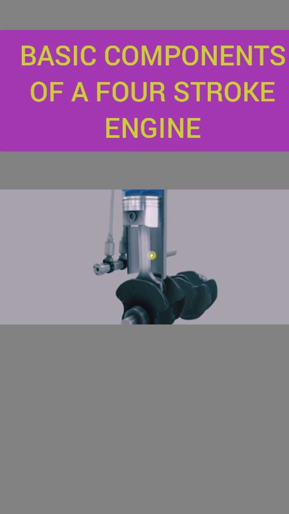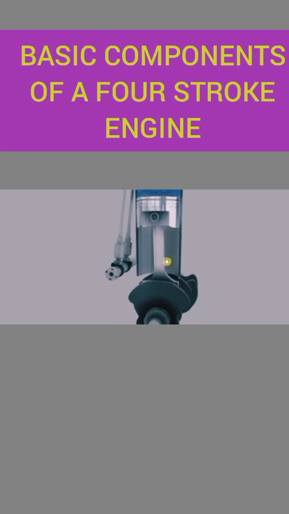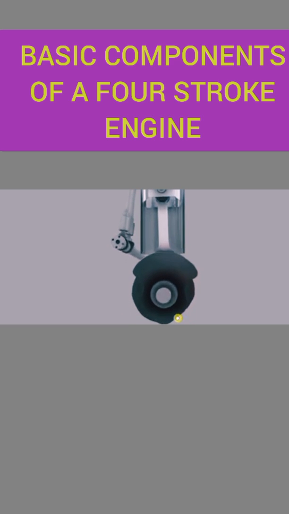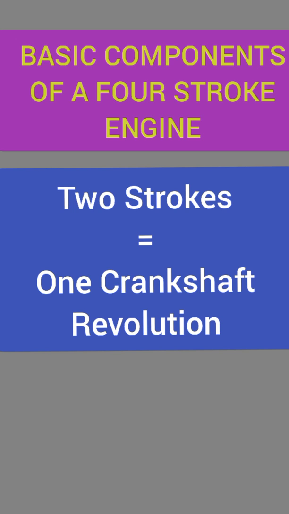So four strokes make a working cycle, and two revolutions of the crankshaft complete that working cycle. That means the piston has to move up and down to give one revolution of the crankshaft. So two strokes of the piston equal one crankshaft revolution.